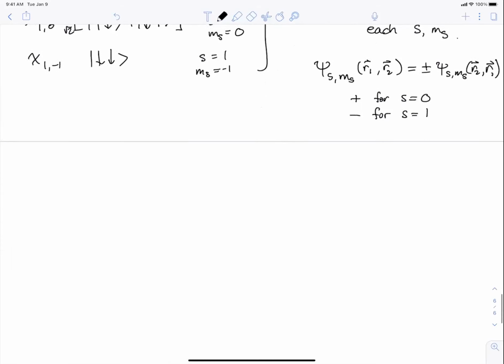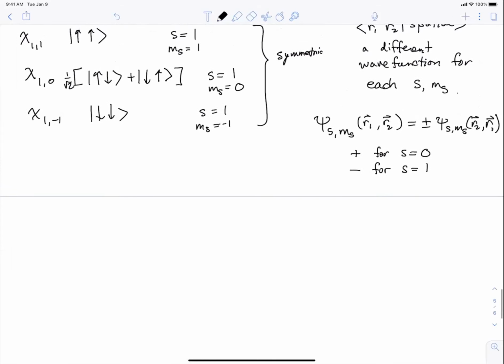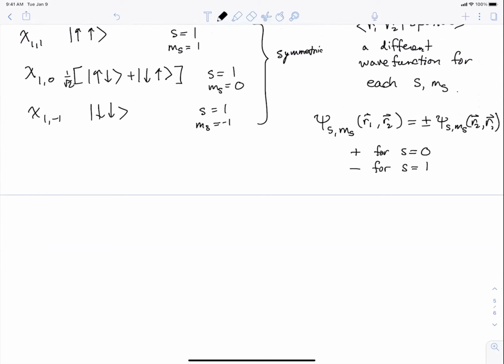Okay, so now what do you do with these wave functions? One thing you can do is ask what's the probability to find an electron somewhere.